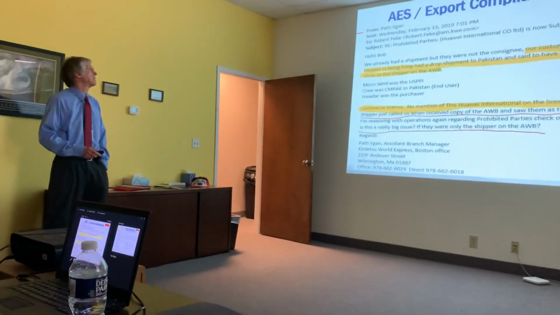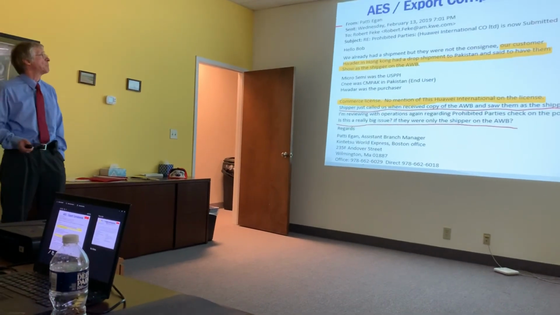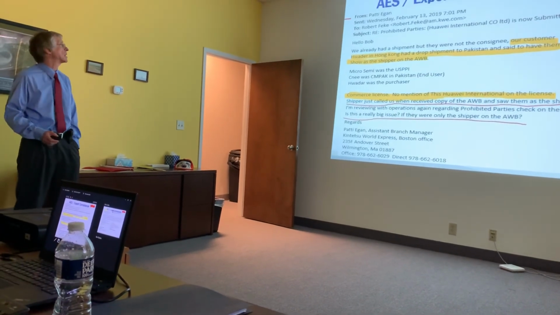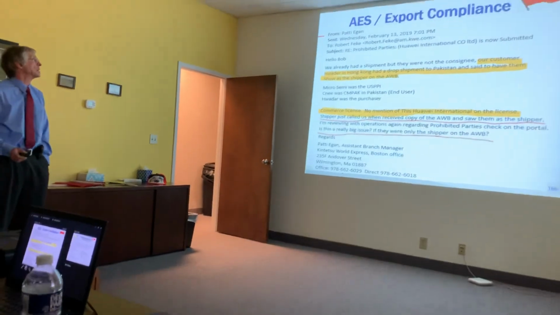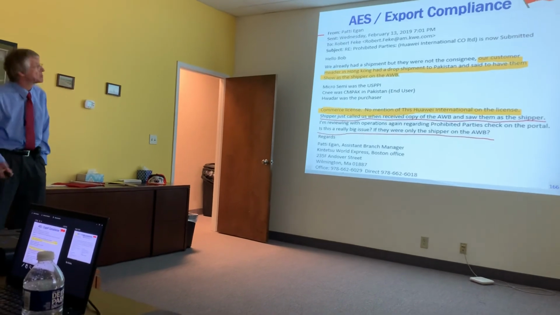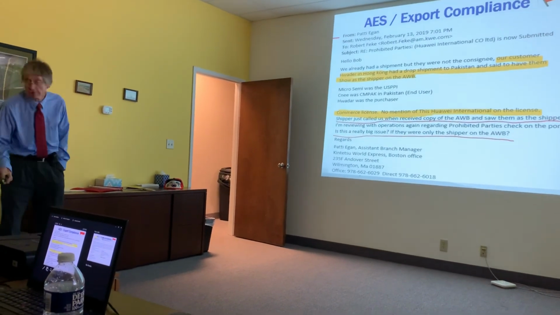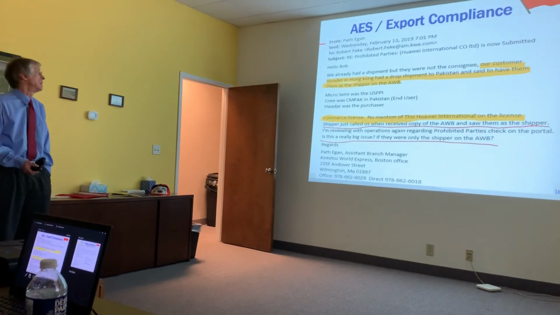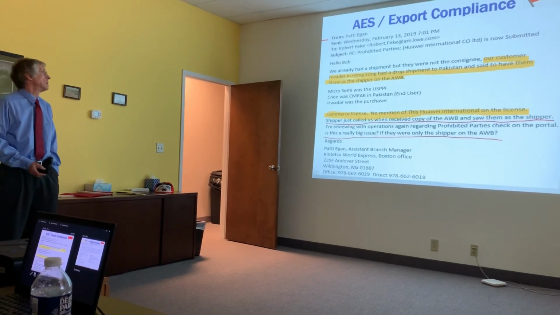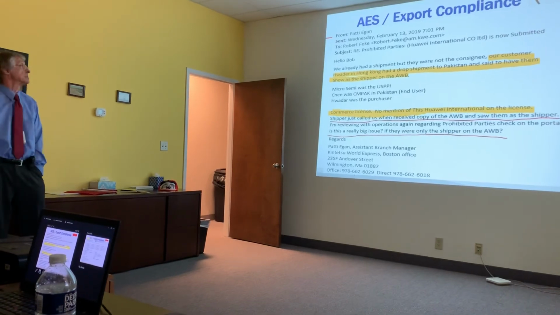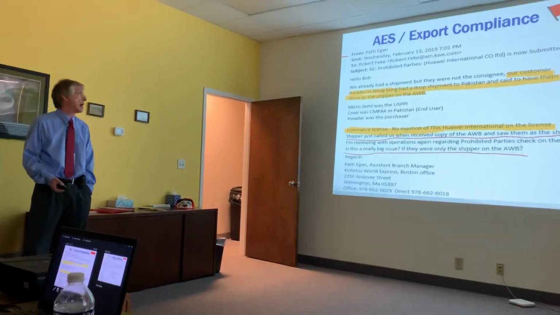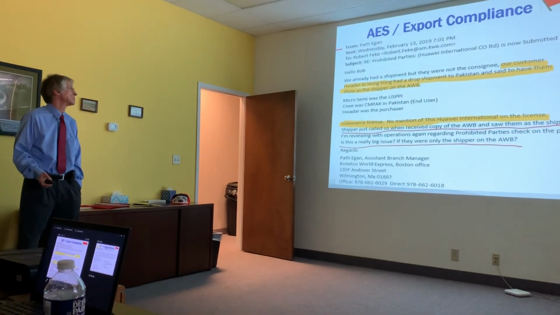So Patty Egan tells me that we already had a shipment, but they were not the consignee. Our customer, Water in Hong Kong, had a drop shipment to Pakistan and said to have them show as the shipper on the airway bill. There was a commerce license involved. There's no mention of Huawei International on the license.